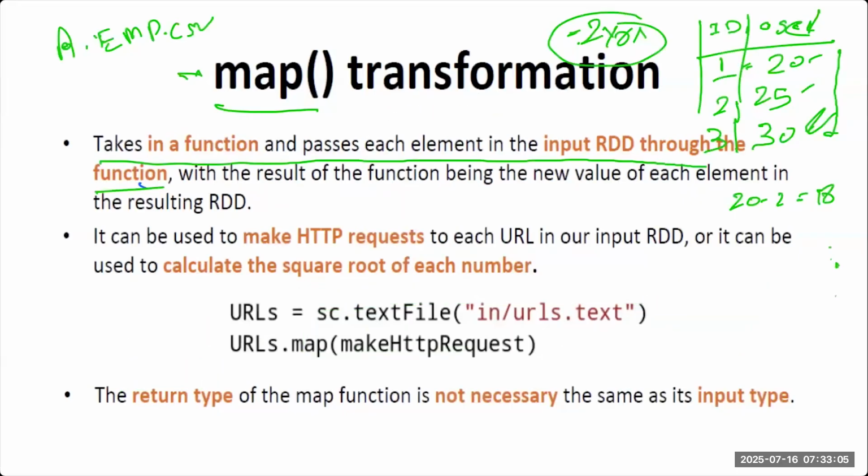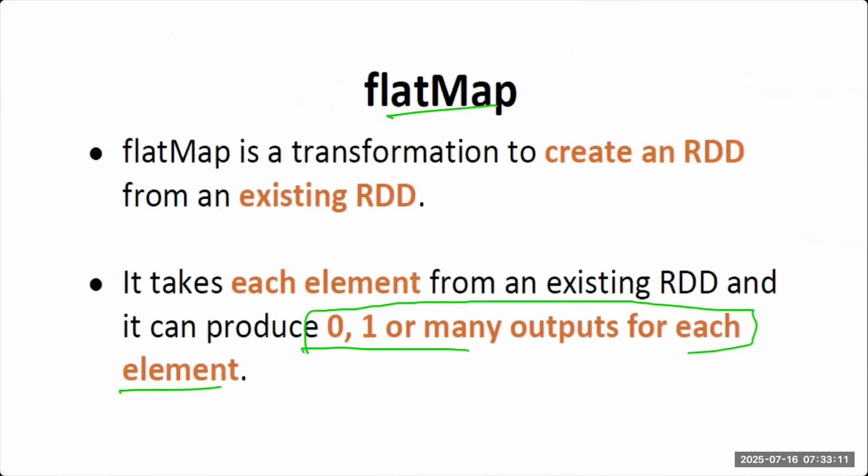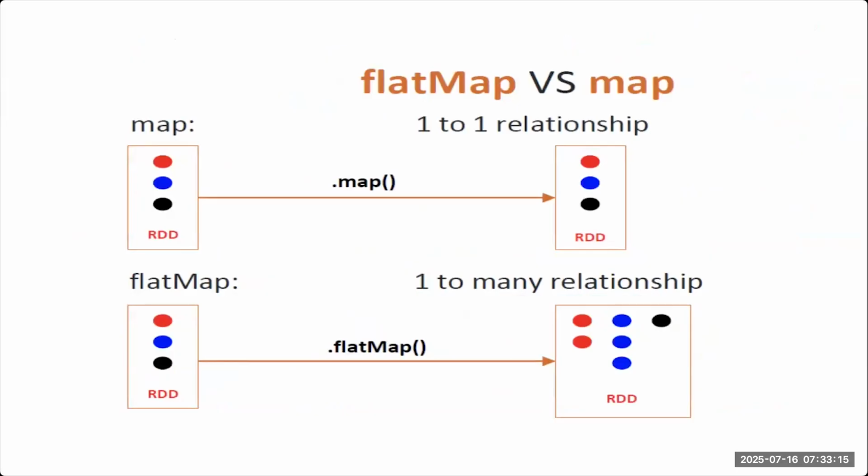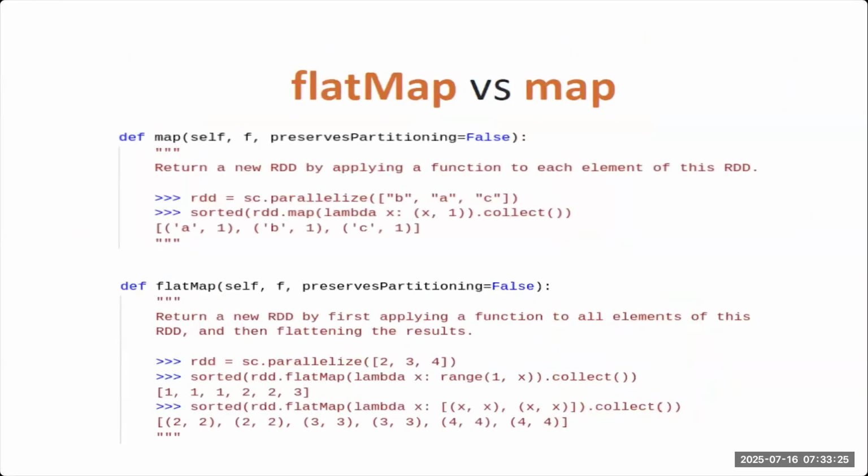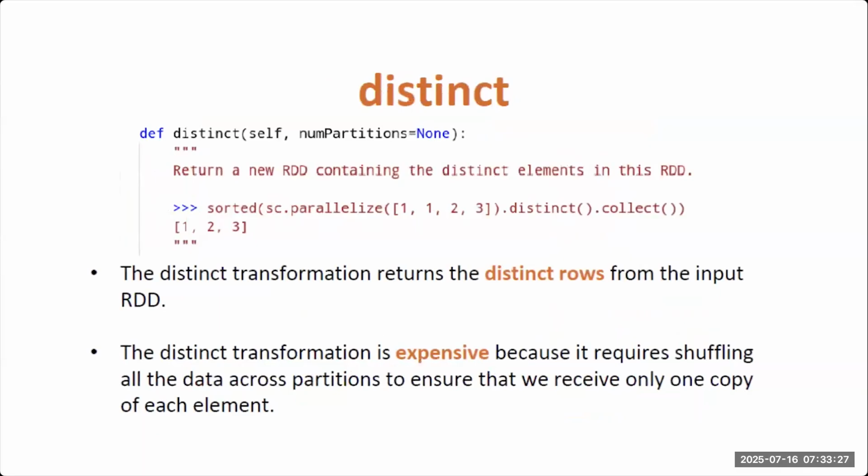Just as we do the map, similarly, instead of map, we will do the flat map. See, in the map, we have these three elements and we are reading only three elements. But in the flat map, once we do, we may get more than one element.